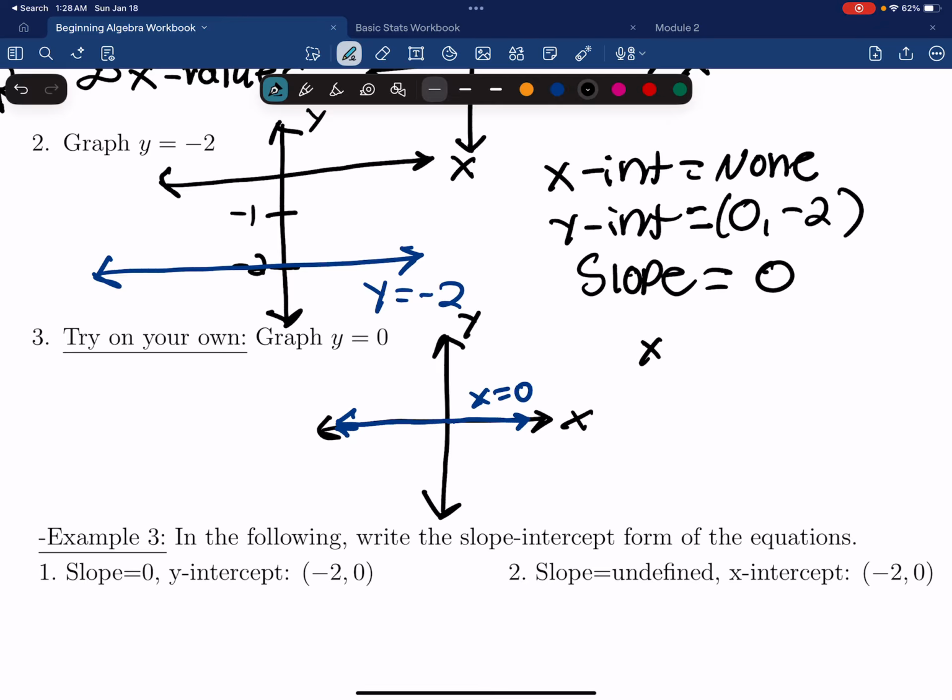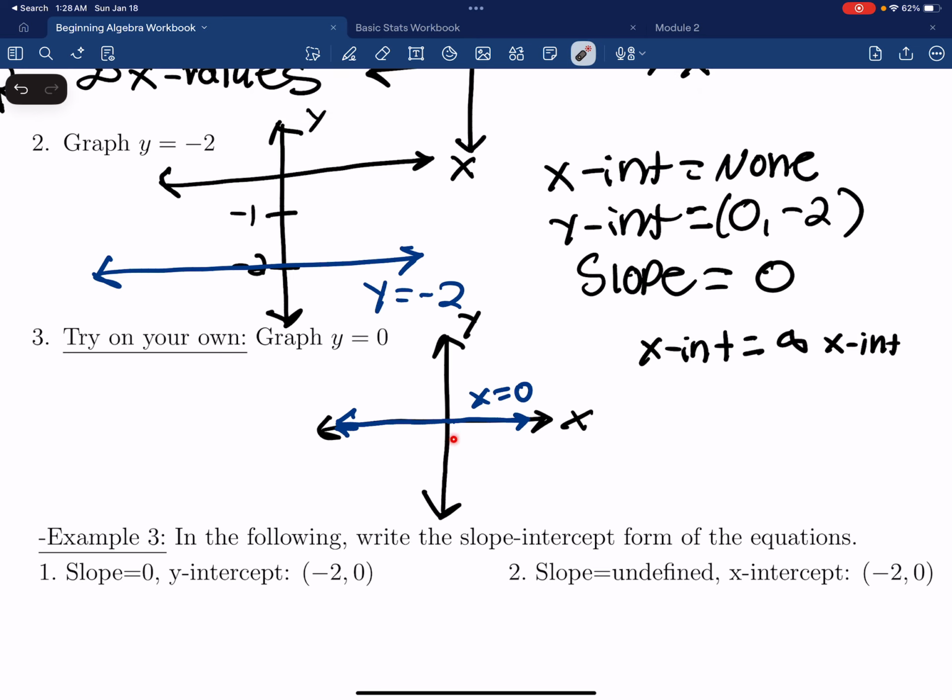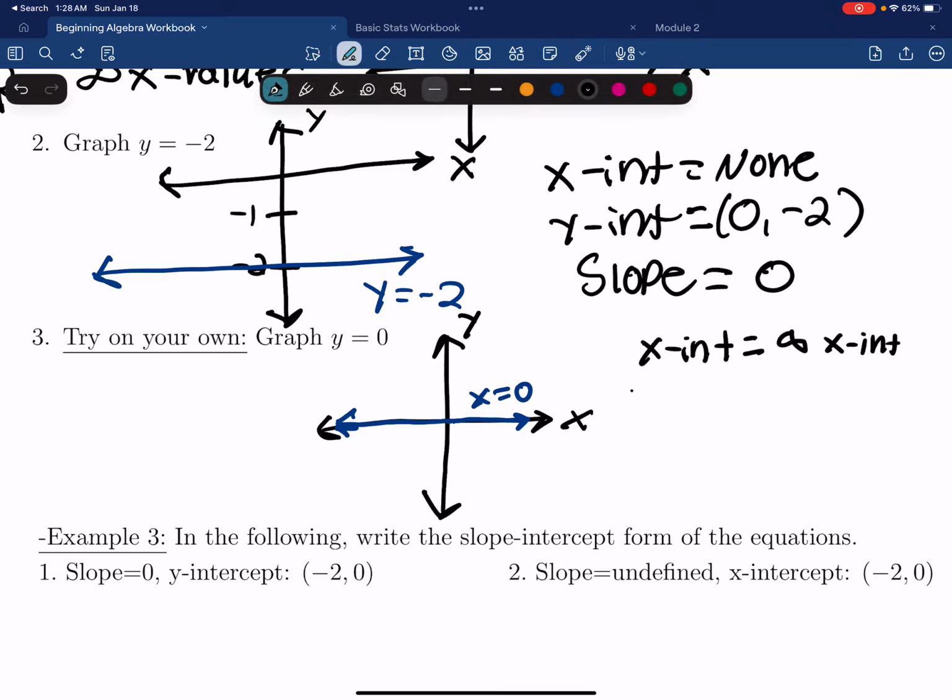So for our x-intercept, as we've seen when we found what y equals 0 is, we have infinite x-intercepts, and that's because this line is just directly on top of the x-axis.